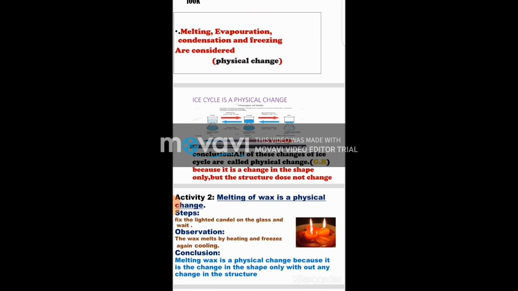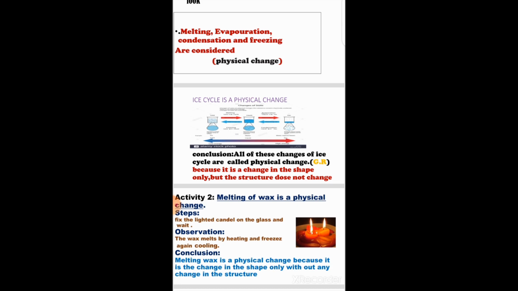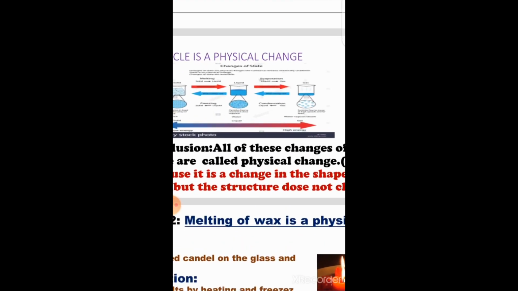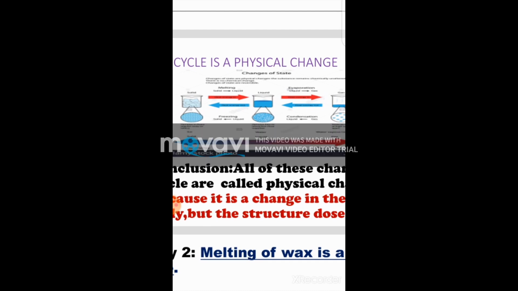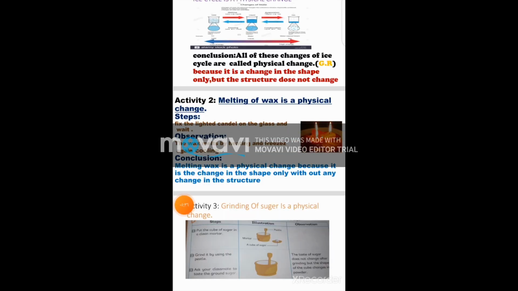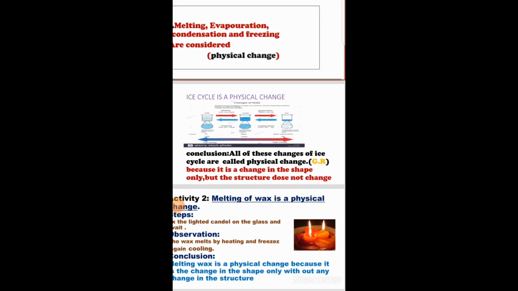We will do an activity about the ice cycle to show the ice cycle is a physical change. Look at this picture. Number 1, we put a cube of ice in a beaker and we put the beaker over the flame.